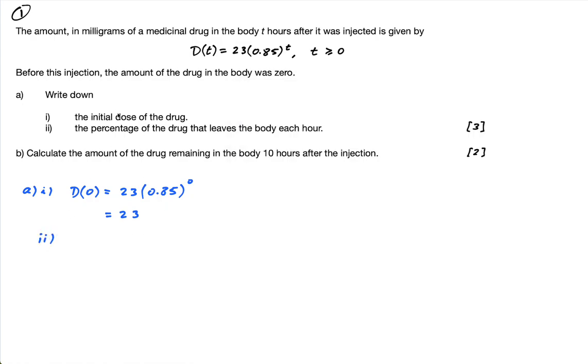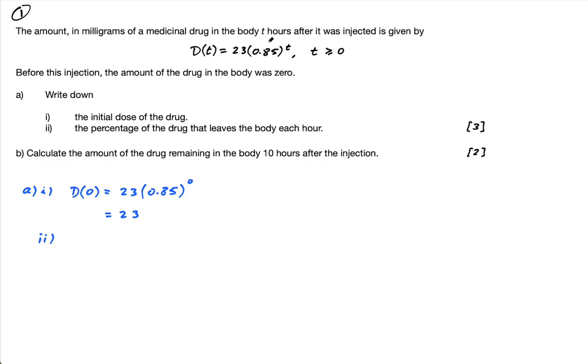Part ii, it says, write down the percentage of the drug that leaves the body each hour. Now this isn't as straightforward, but because you're multiplying by 0.85, so after 1 hour, you're multiplying 23 by 0.85 to the power of 1, which is just times 0.85.